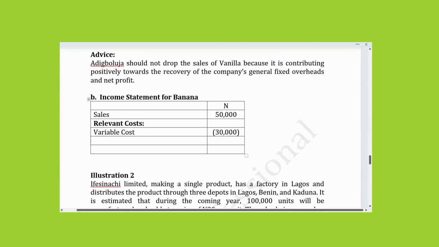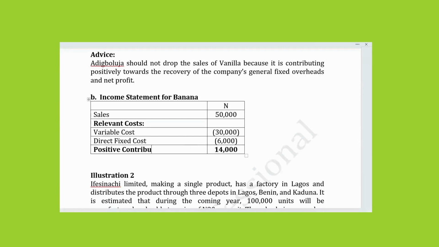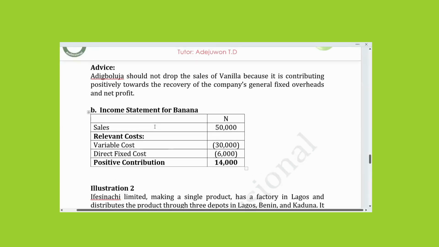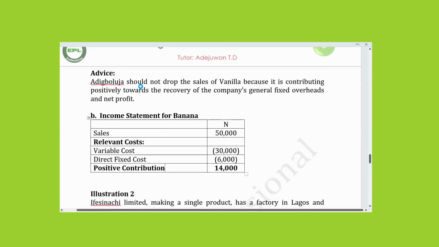We also have direct fixed costs of 6,000 naira. So the difference between the two will give us 14,000 naira contribution. This is positive contribution. So when you switch the resources of producing vanilla to producing banana ice cream, the company will earn a positive contribution of 14,000 naira.